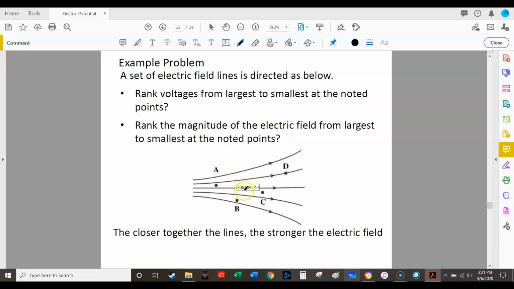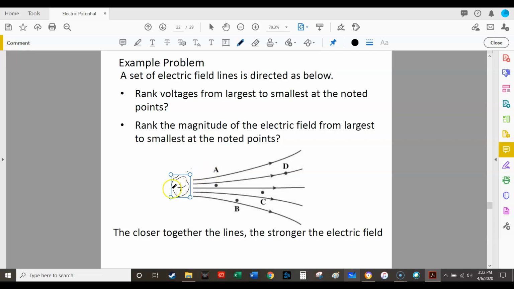For me to figure this out, I have to look at what might be causing this electric field. The electric field is pointed to the right, and it's bending out and away. Well, that tells me that there must be a positive object over here causing this.